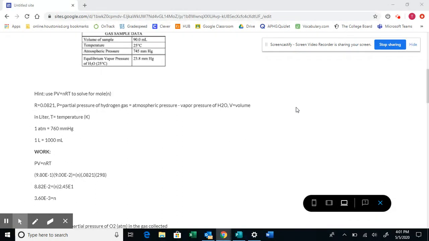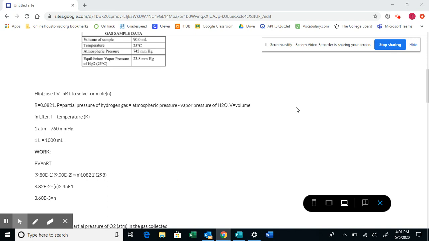All of the questions here will be answered using Scientific Float 2 on any kind of Texas Instruments calculator. Next up is volume, and that's in milliliters. So we need to convert that to liters by dividing 90 by 1000, and you'll get 9.00 e negative 2.